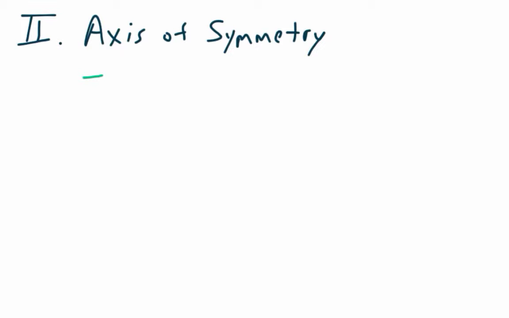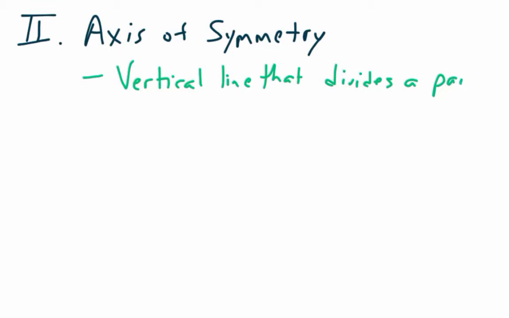And that axis of symmetry will always be a vertical line that divides a parabola into two symmetrical halves. And a parabola is just another name for the graph of a quadratic, one of those U or N-shaped things.